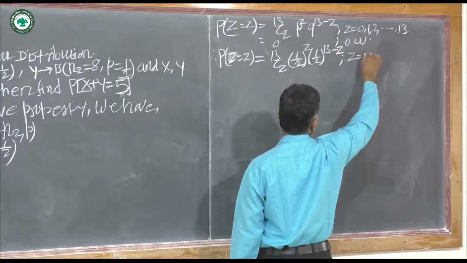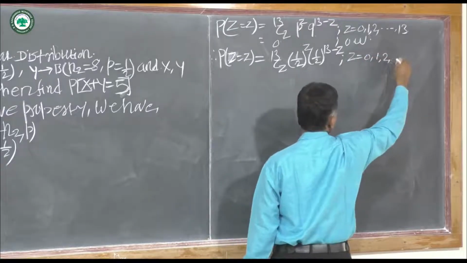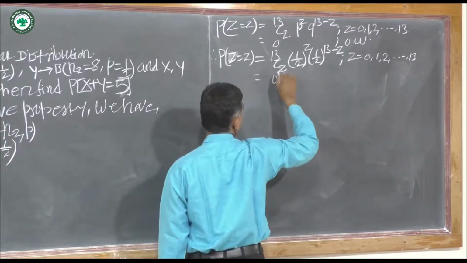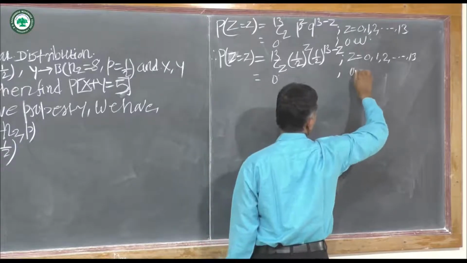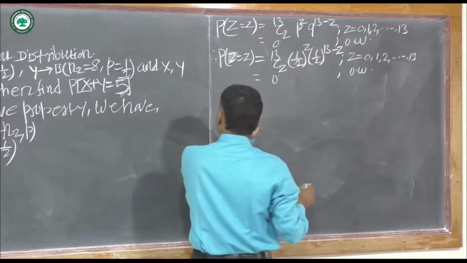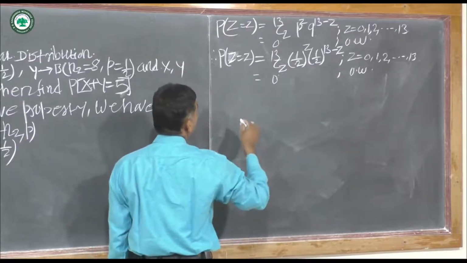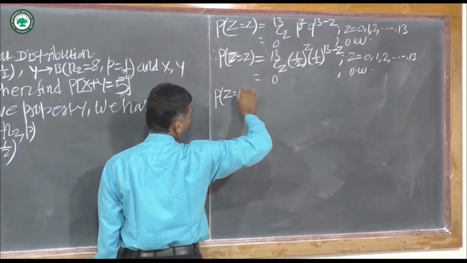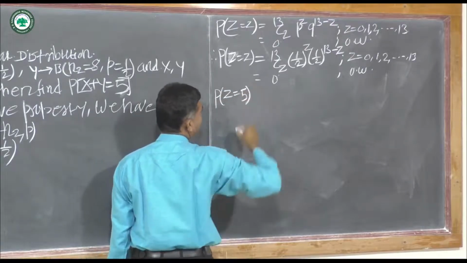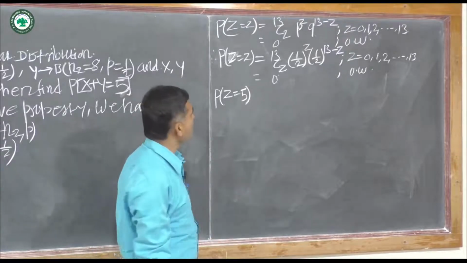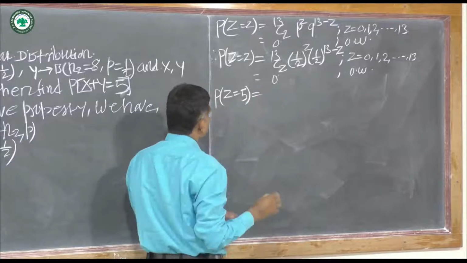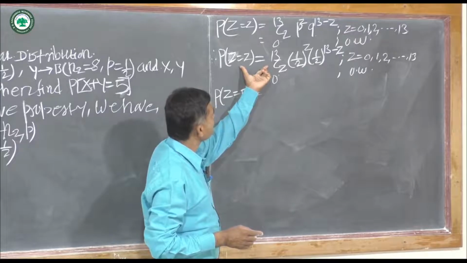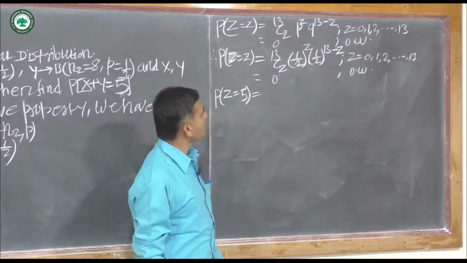Here z takes values 0, 1, 2 up to 13, 0 otherwise. Then the required probability is probability of x plus y is equal to 5, that is probability of Z is equal to 5. Now substitute the value of Z in the above probability mass function, then we will get the required probability.